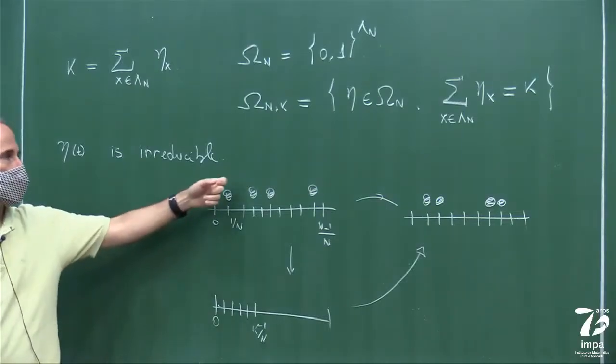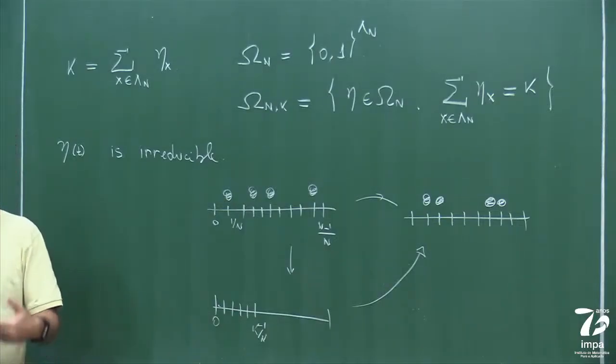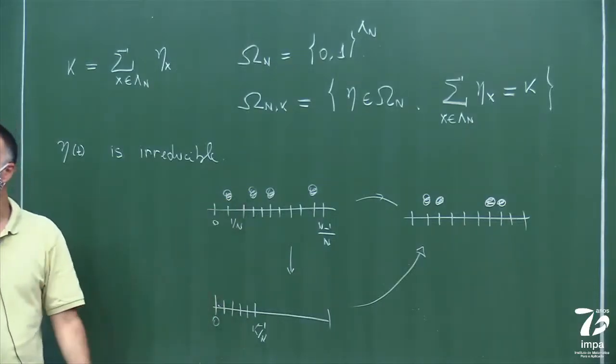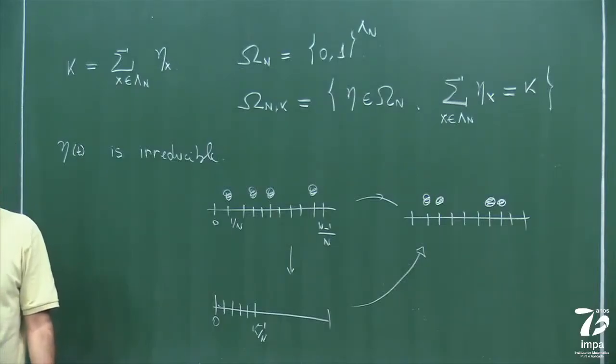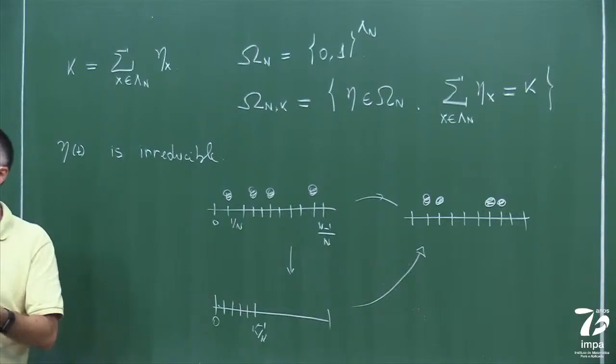So with a positive probability, I can move from this configuration to this configuration, or if you wish, the discrete time Markov chain can go from this configuration to that configuration. All right, because we have seen that the discrete time Markov chain jumps from one configuration to a neighboring configuration with uniform probability, with probability equal to 1 over the number of neighbors.